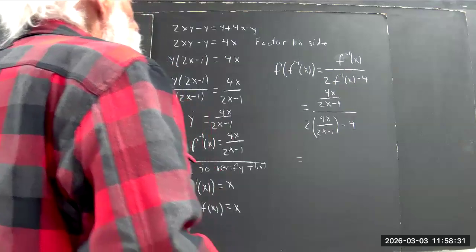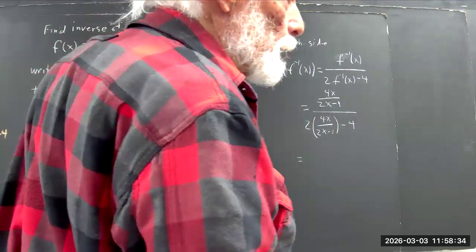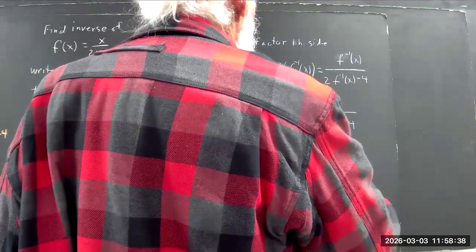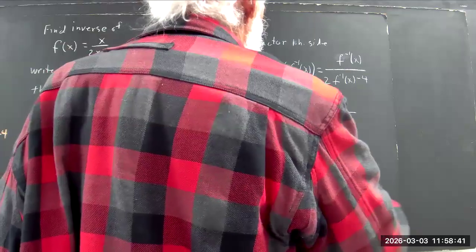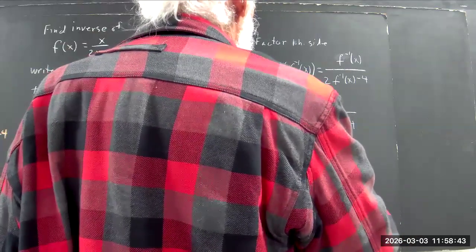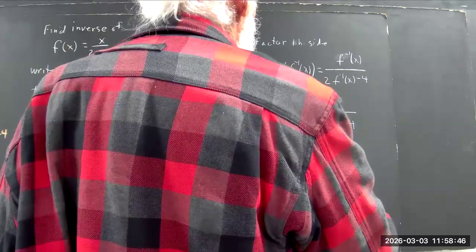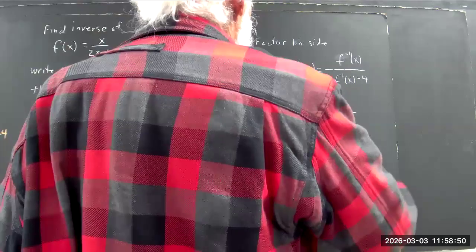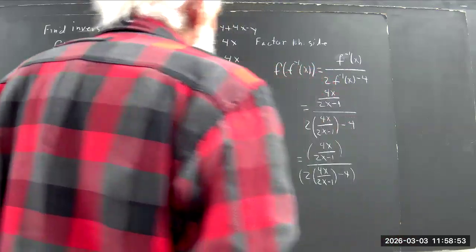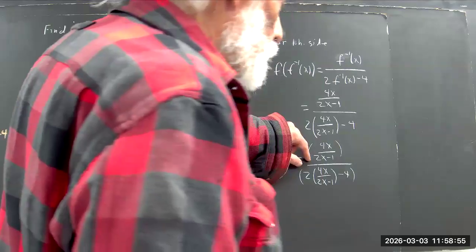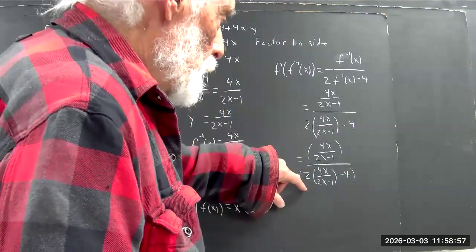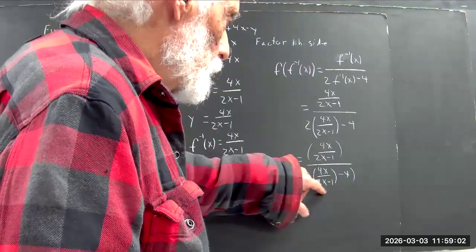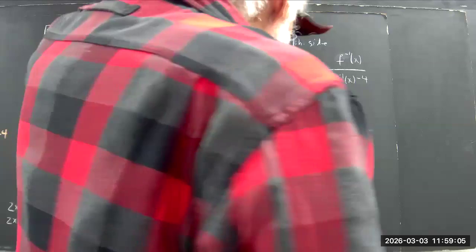I'm going to multiply numerator and denominator by 2x minus 1. Okay, so I've rewritten the entire expression, 4x over 2x minus 1 in the numerator, 2 times the quantity 4x over 2x minus 1 minus 4 as the denominator.